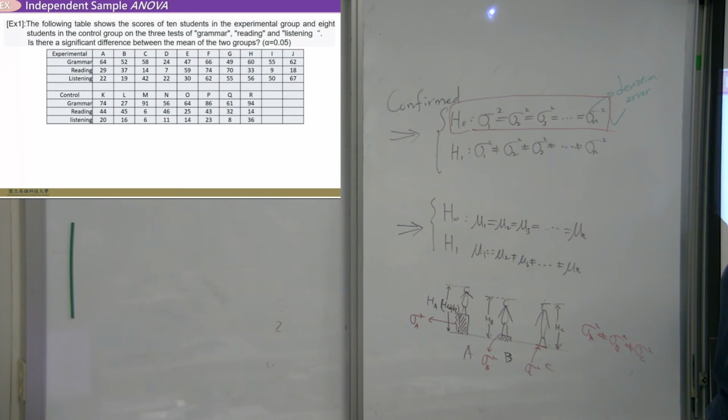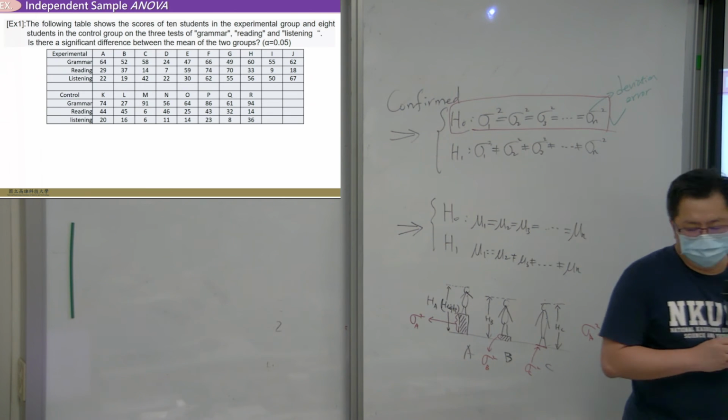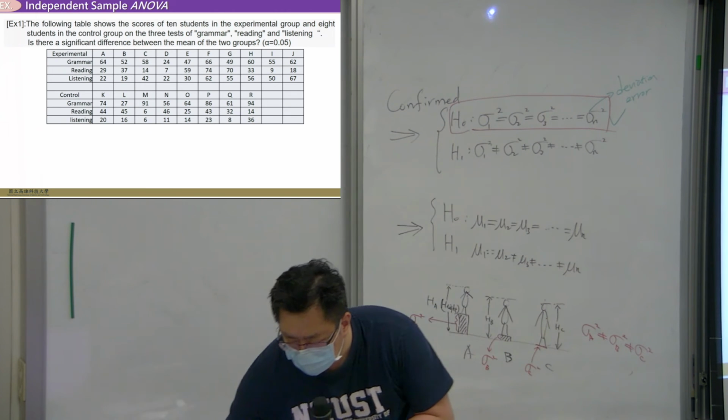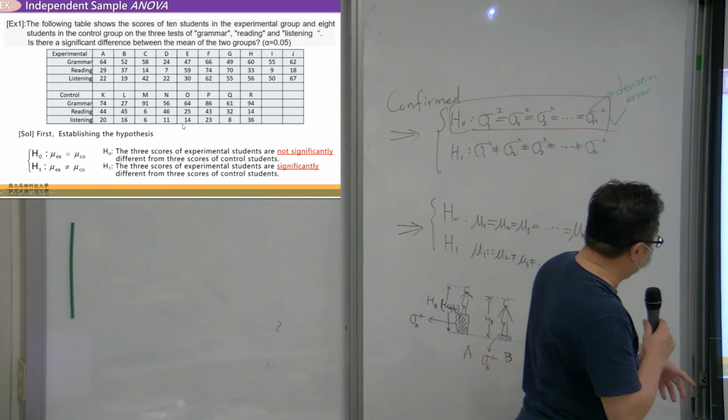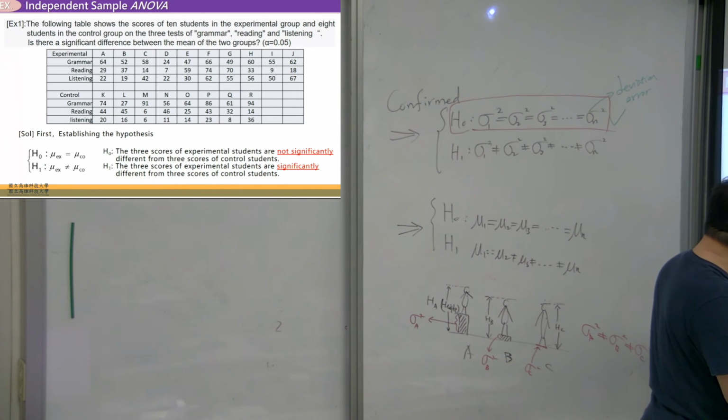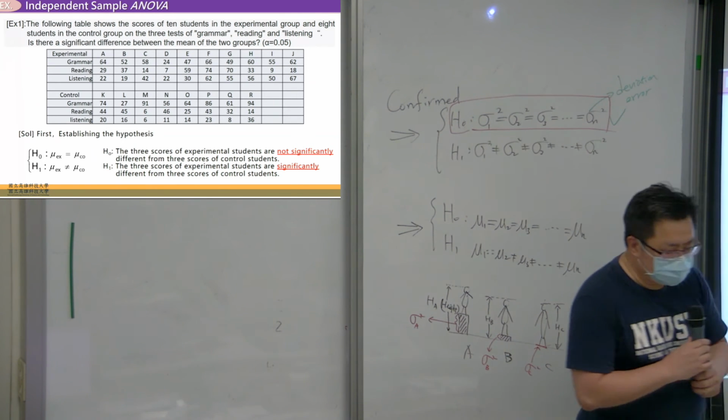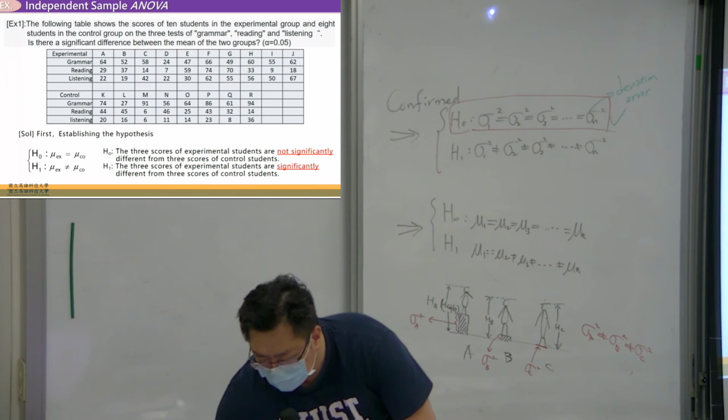So it's multivariate. How are the results? So we can do that. The hypothesis is experiment is not equal to control.